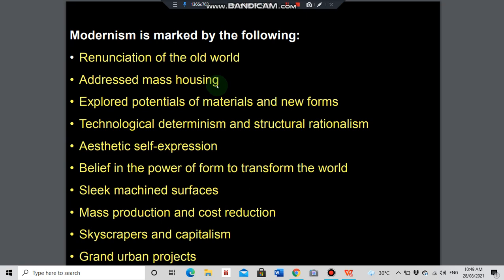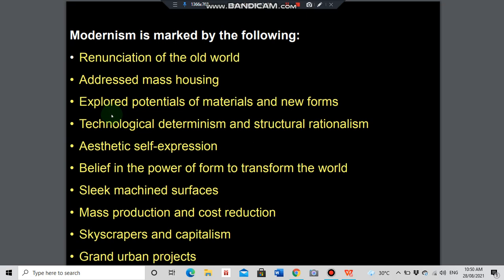Hindi katulad ngayon, pag may mga materials made of stone, machine na yung gumagawa, machine cut na siya, machine na yung kanyang papakinis, and so on and so forth. So, modernism is marked by or addressed mass housing.